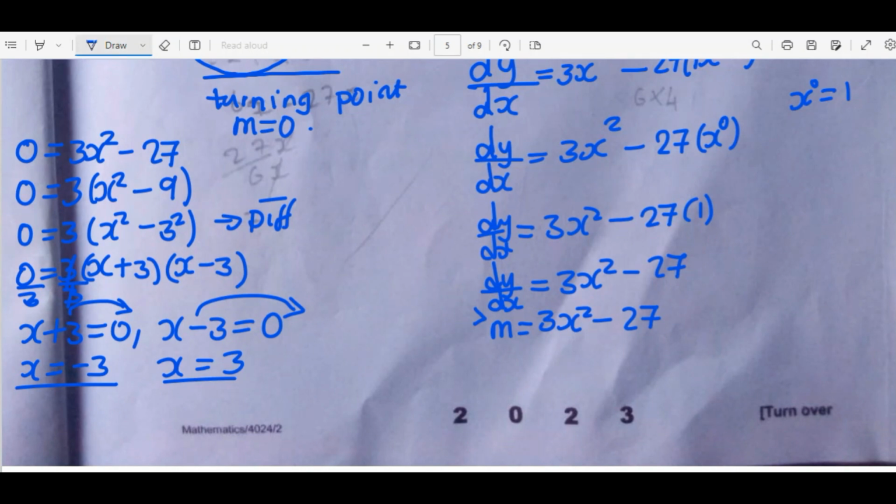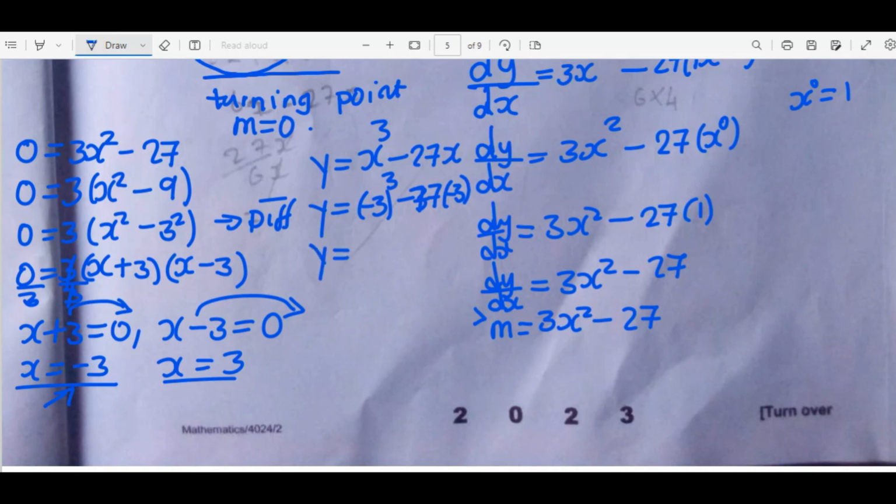So the original equation is y is equal to x raised to the power 3 minus 27x. Let's first begin by finding the value of y using x equal to negative 3. Where there is x, we substitute negative 3. So y is equal to negative 3 raised to the power 3 minus 27 times negative 3.